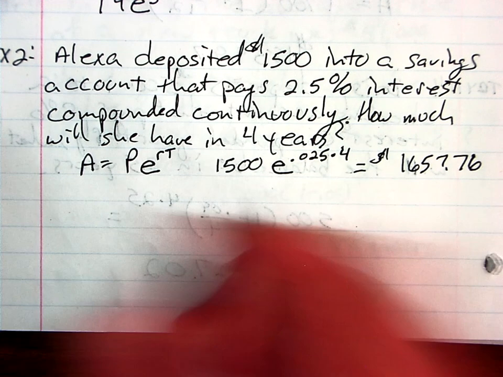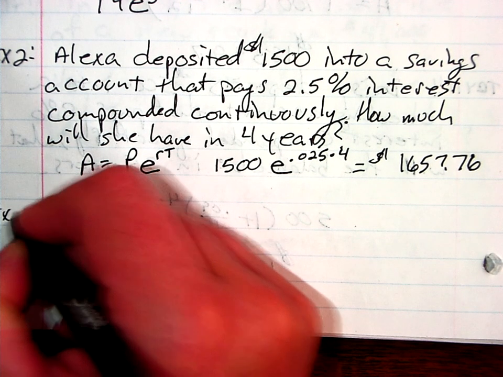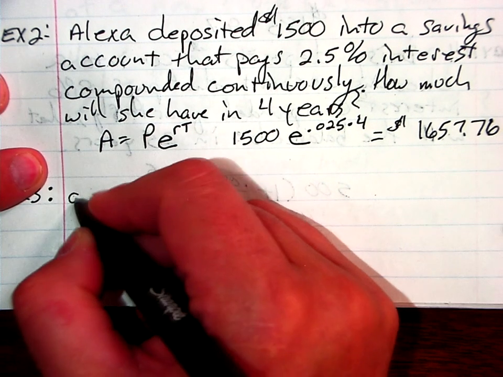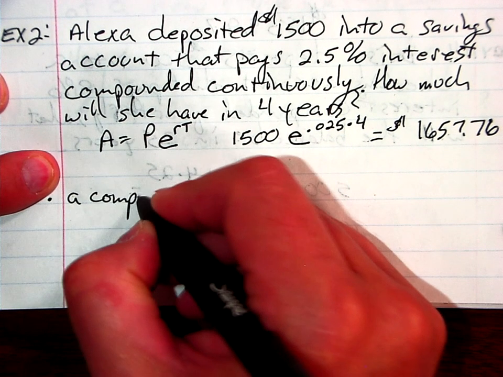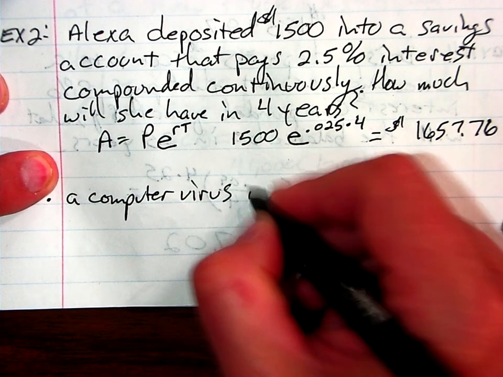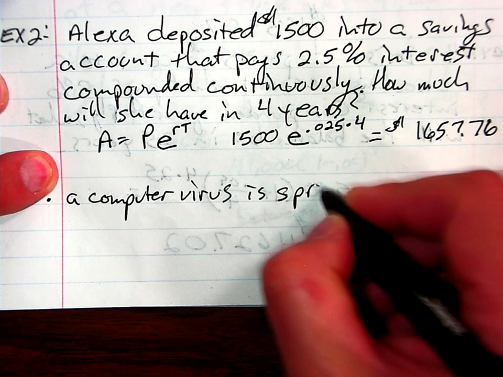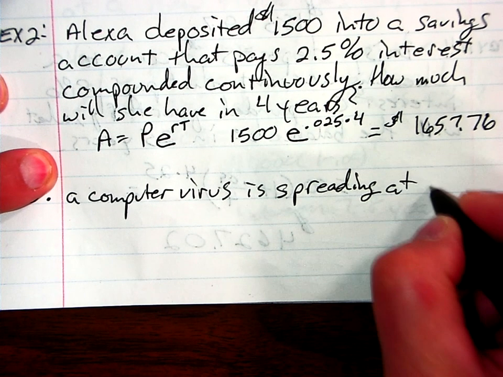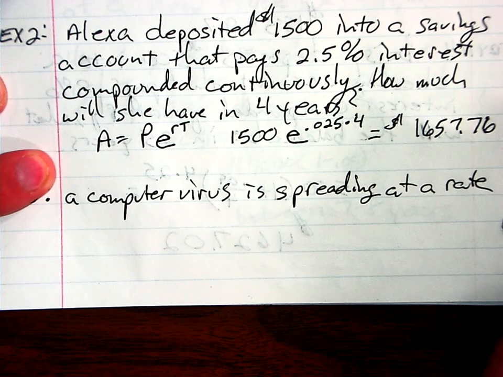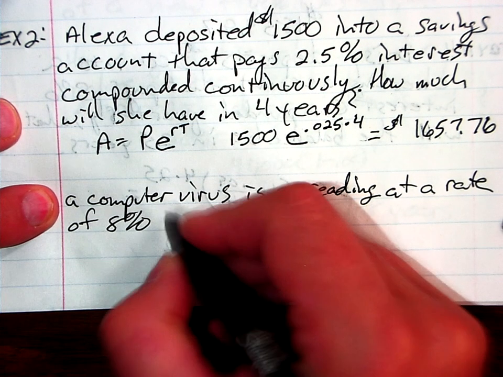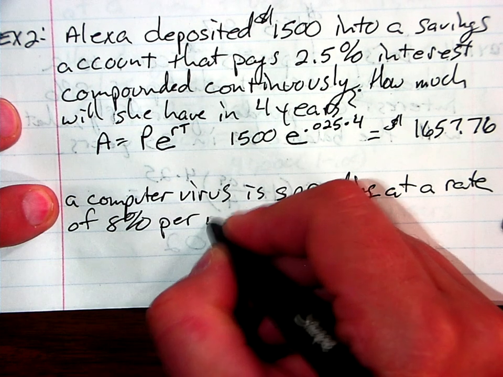All right, last one. So normally we do a lot of AOF type problems. This is an AOIT type problem for you computer people out there. A computer virus is spreading at a rate of 8% per minute.